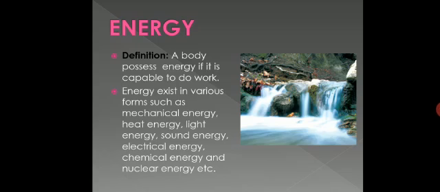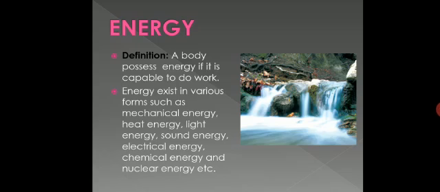First is mechanical energy. A moving object possesses mechanical energy, like a moving fan. Heat energy, the major source of heat energy is the sun. Light energy, we can also get light energy from the sun and from bulbs. Sound energy, we can get from vibrating bodies.